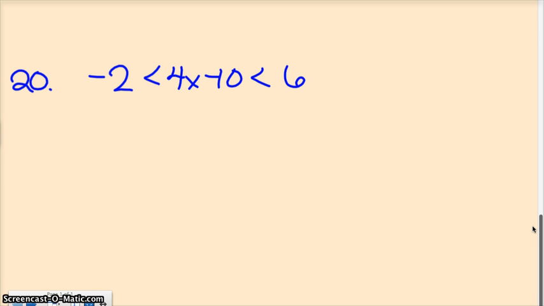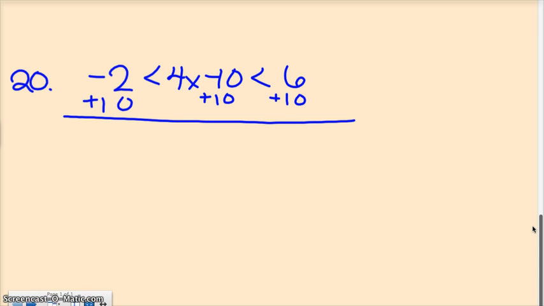20. Solving compounds. Well, this is just lesson. Negative 2 is less than 4x minus 10, which is less than 6. I'm going to add 10 to all sides. Negative 2 plus 10 is 8.